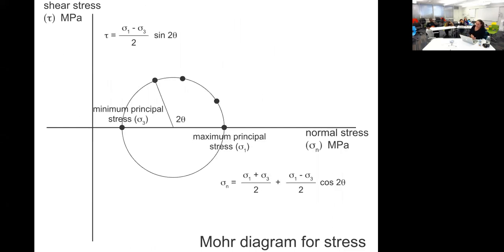Okay, stress states are represented on here with a circle. So the principal stress axes that we define are the coordinate system that's our reference. They have the maximum, minimum, and intermediate stress. And so there's no shear stress resolved in that direction. And that's why the maximum principal stress and the minimum principal stress, sigma 1 and sigma 3, they both fall on the horizontal axis on this plot.